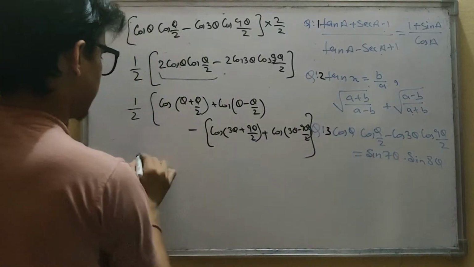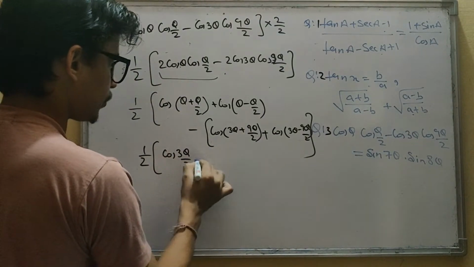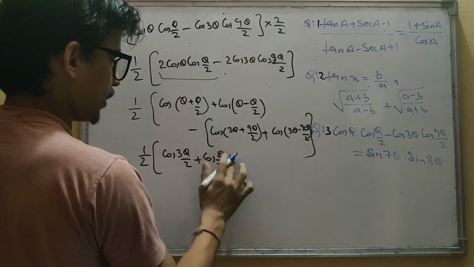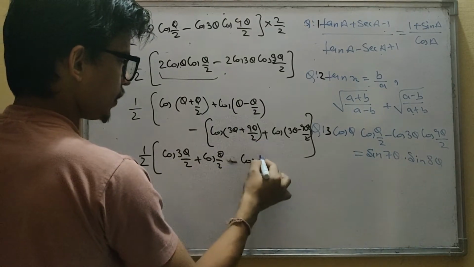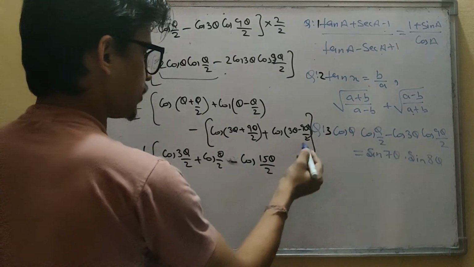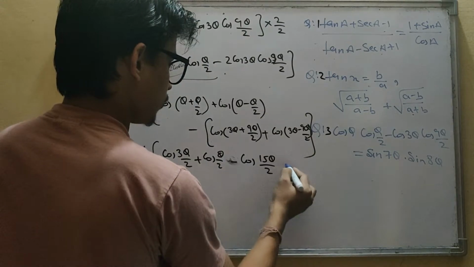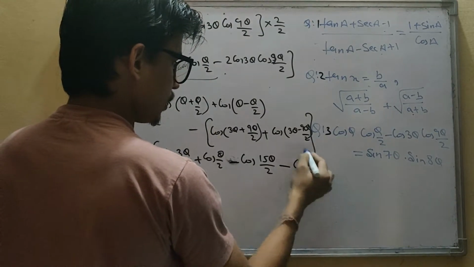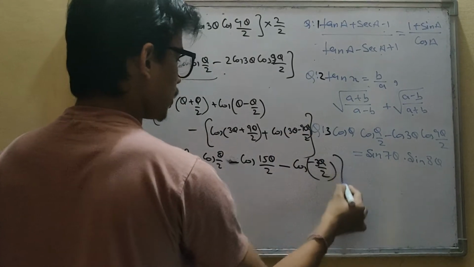Now let's add them. 1 by 2 cos 3 theta by 2 plus cos theta by 2 minus cos 15 theta by 2, which is what we have to prove. And this is minus 3 theta by 2.